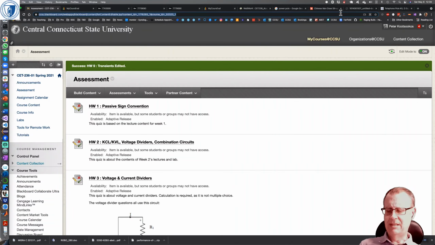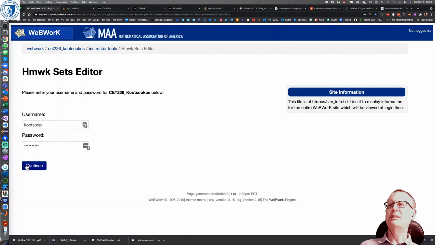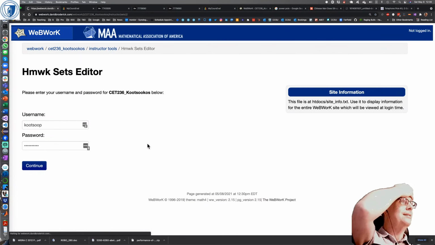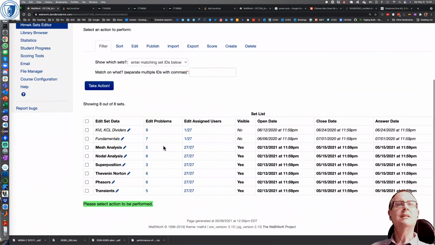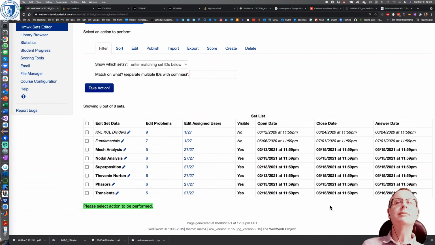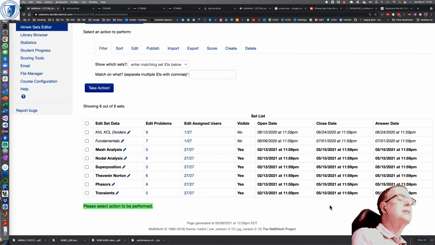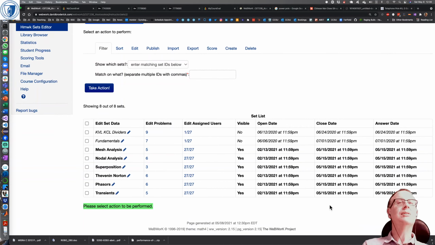Actually, I don't know whether I need to fix it there. I think I might have made it still doable on the 15th anyway. Yeah, I think I changed them all to the 15th. I'm only going to update them if you've selected them for your second chance assignments or your resubmission assignments.